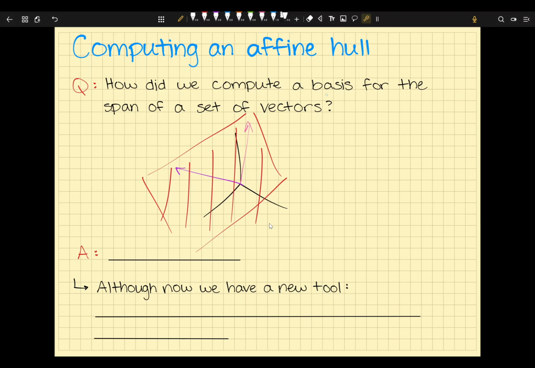How did we compute a basis for this span? Okay, let me add a third vector. All three of these vectors span the plane, but we certainly don't need three vectors to describe it.